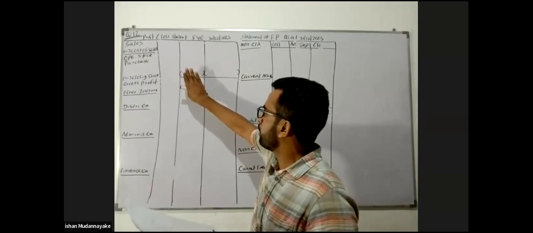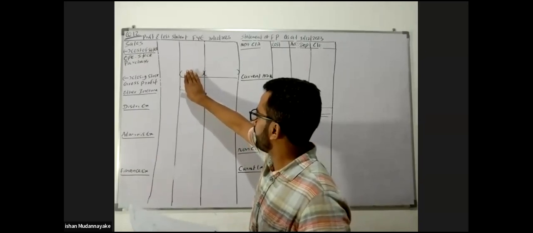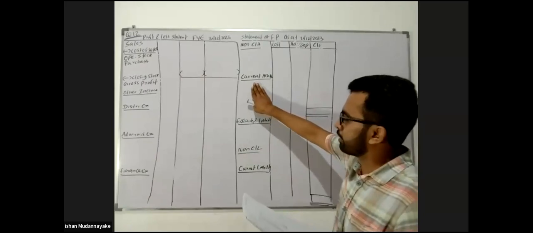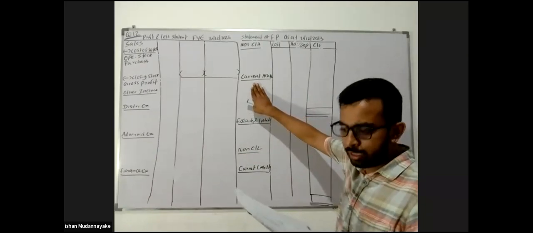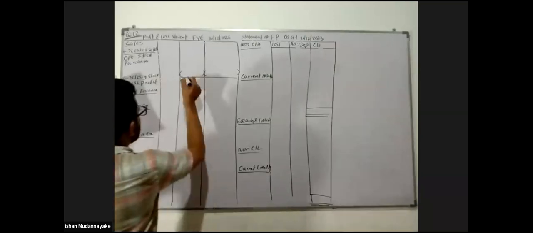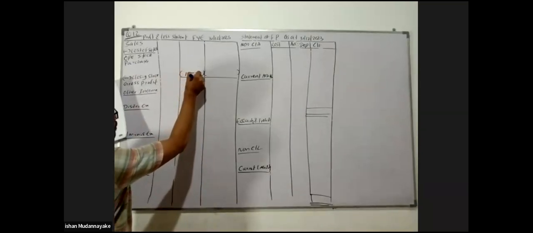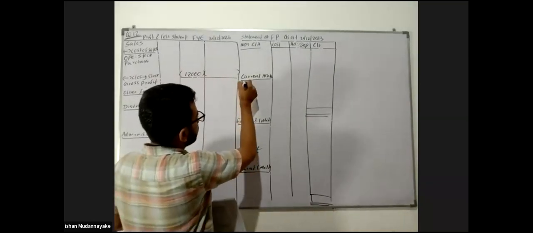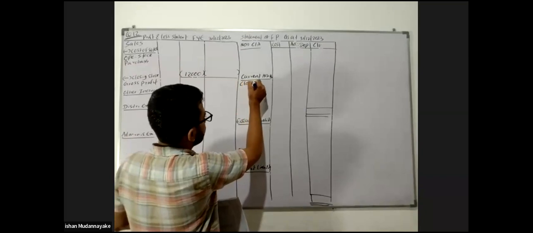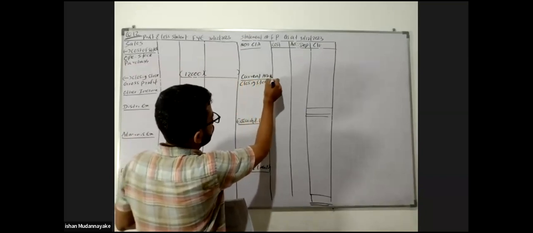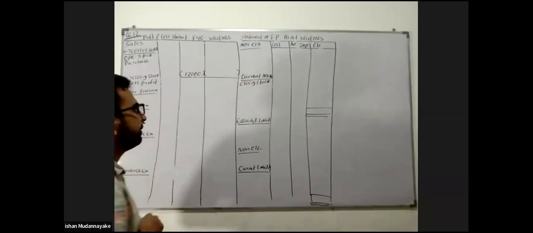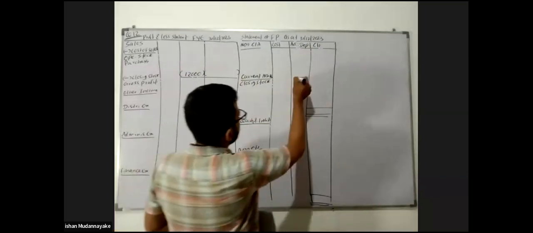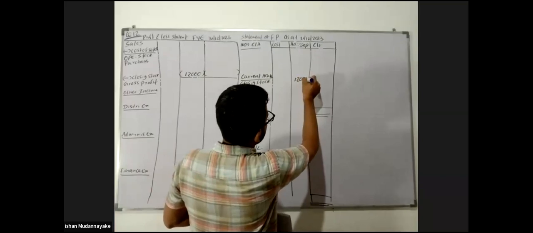And then this closing stock should be transferred to the statement of financial position. Under current assets, write down closing stock, or just stock, no issue, 12,000. The closing stock adjustment we have already discussed.